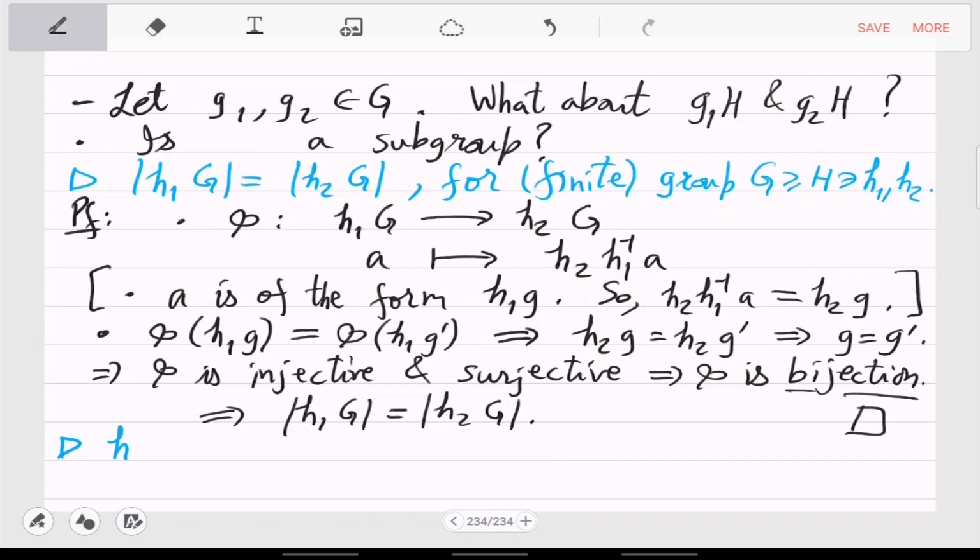And similarly, you can ask the question whether GH is a subgroup. So what we showed here is that G1H and G2H are equal in size for any two elements G1, G2 in the group.